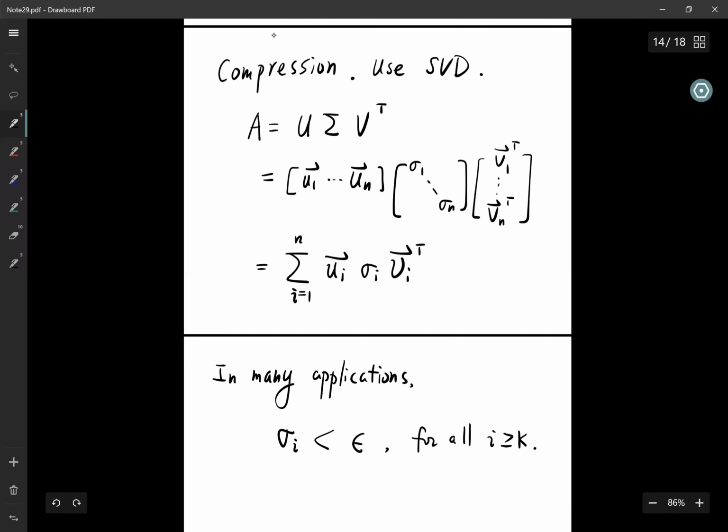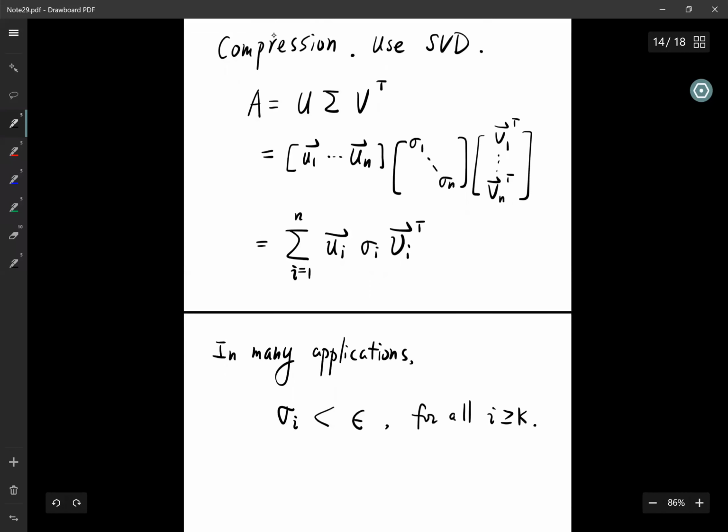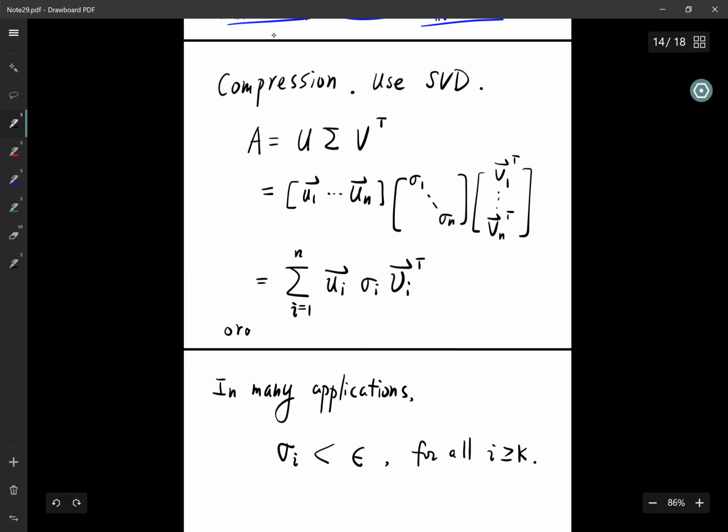How do I do that? I order sigma 1, sigma 2, sigma n in a non-increasing order.